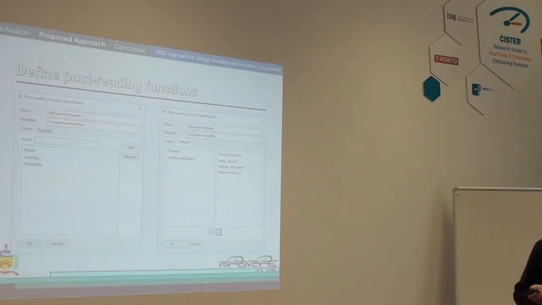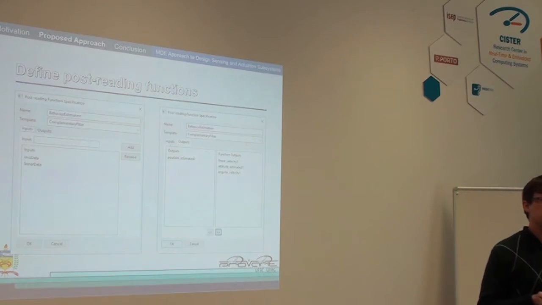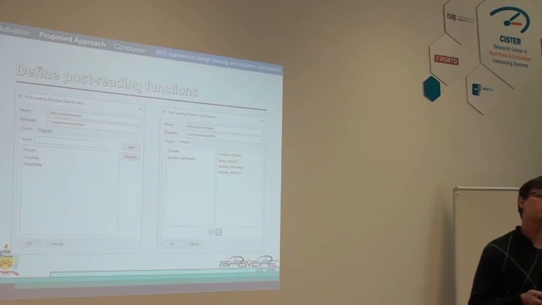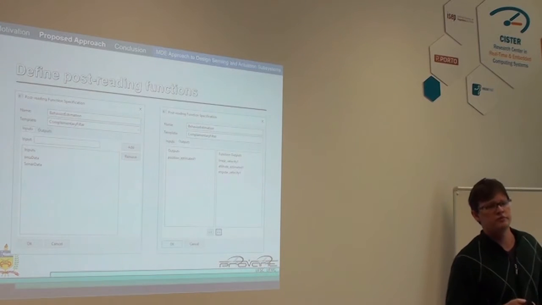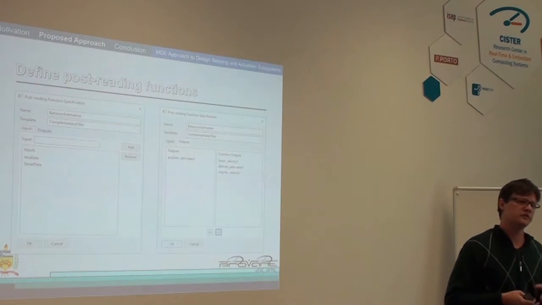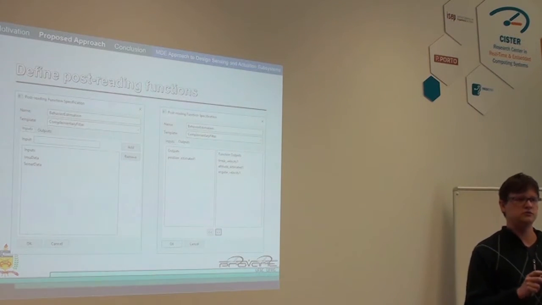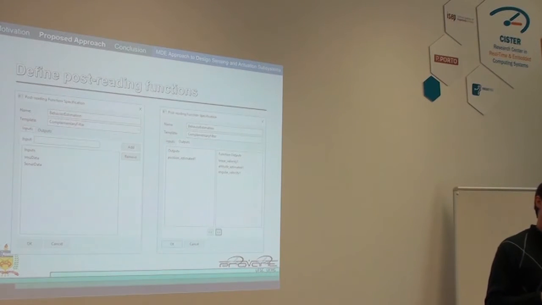What's an IMU? IMU is an inertial measurement unit. We have 3 accelerometers, 3 barometers, and 3 magnetometers to specify the behavior of the UAV.